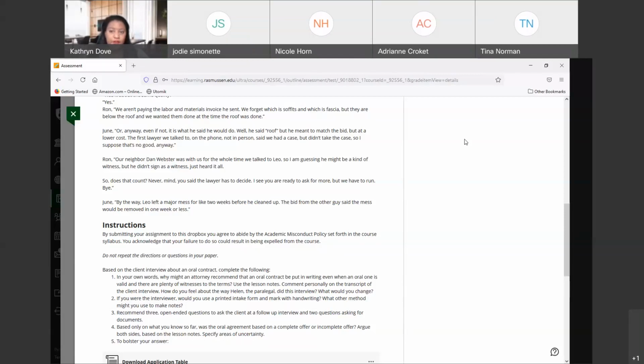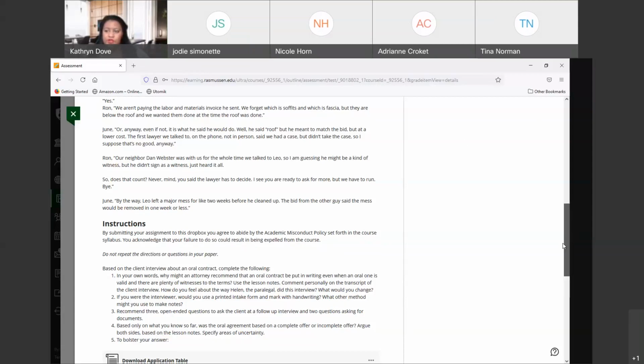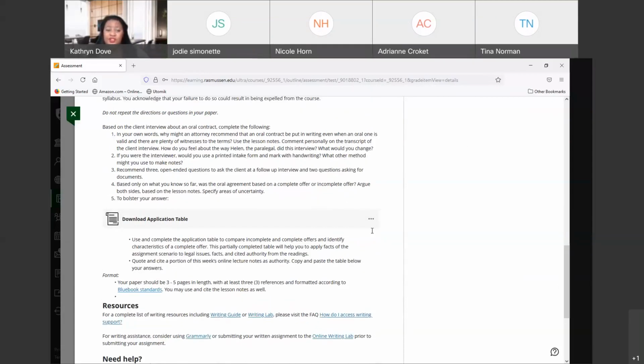Specify areas of uncertainty. You do not have to use this application table, Jody. If you would like to use it, you can. I found it to be confusing. Some people think in different ways.